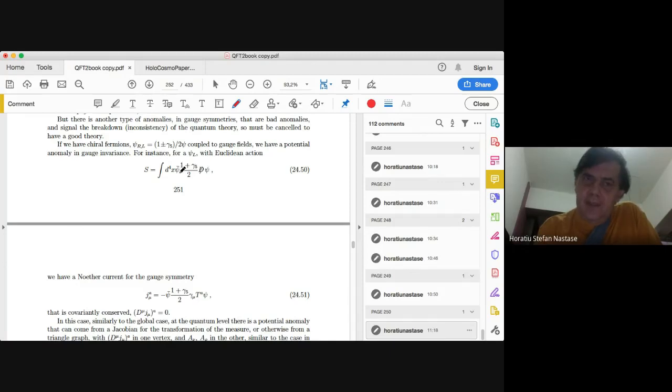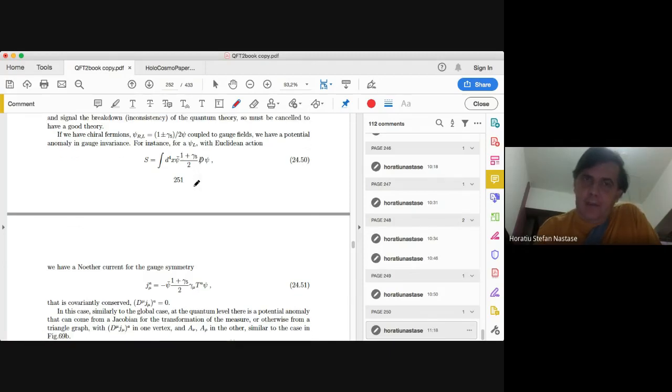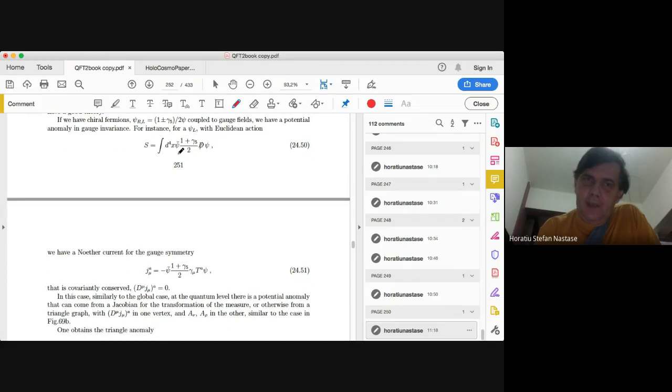So that means the Euclidean action that we're interested in is psi bar, so I would say this last psi, but if you remember, we said that for chiral fields, I can just put this for free, this 1 plus gamma 5 over 2. Well, because the projector squared is equal to the projector itself.